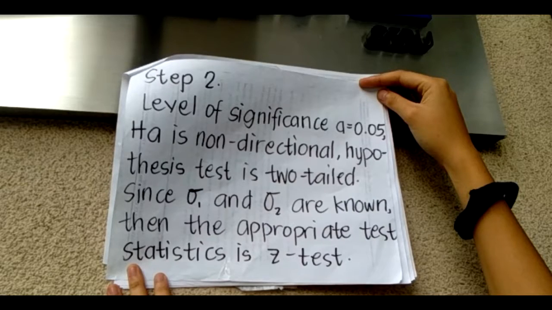Identify the level of significance and the appropriate test statistic. Based on the problem given, level of significance is alpha equal to 0.05. Ha is non-directional, hypothesis test is two-tailed, and since standard deviation 1 and standard deviation 2 are known, then the appropriate test statistic is z-test.